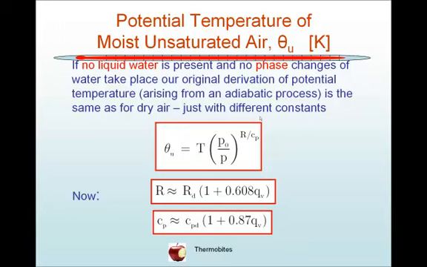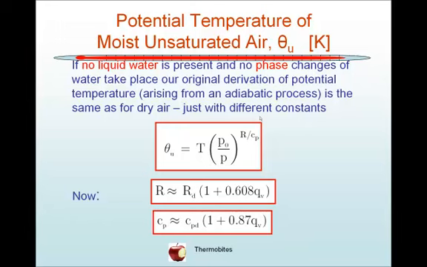Now let's consider the potential temperature of moist unsaturated air, theta subscript u. So if no liquid water is present and no phase changes of water take place, our original derivation of potential temperature arising from an adiabatic process is the same as for dry air, just with different constants. In other words, we can use the same Poisson's equation.